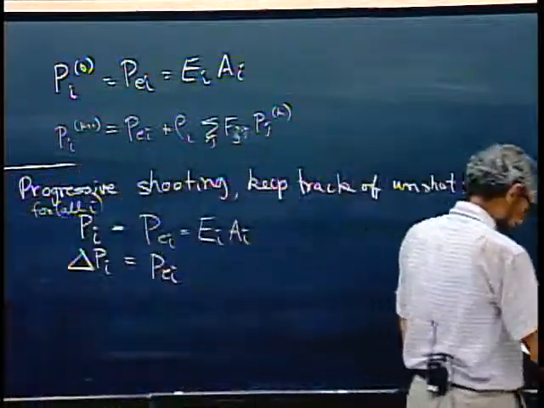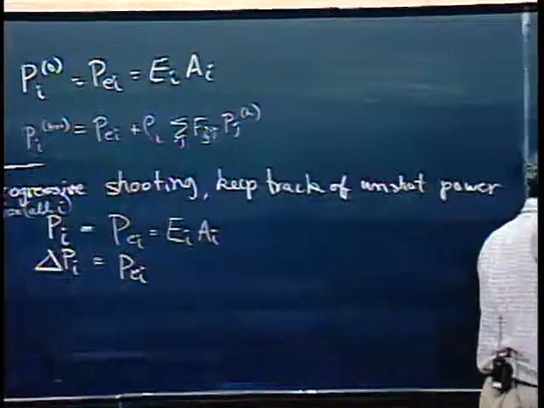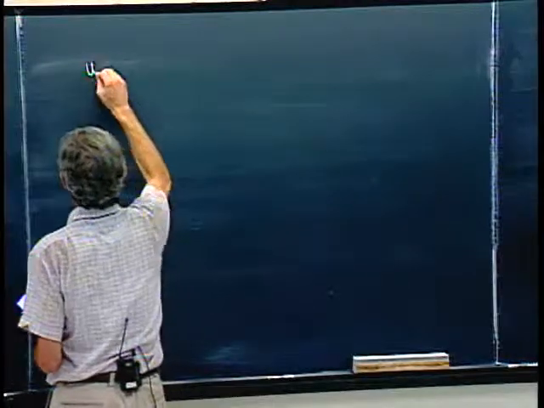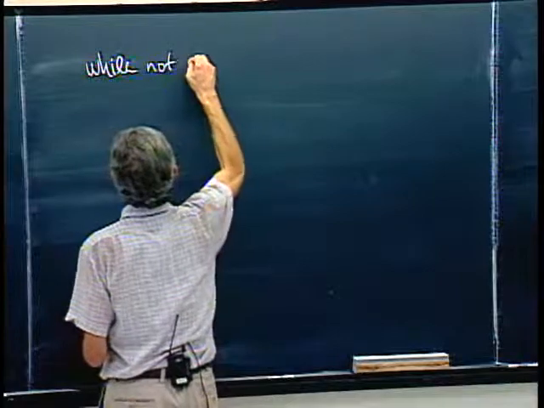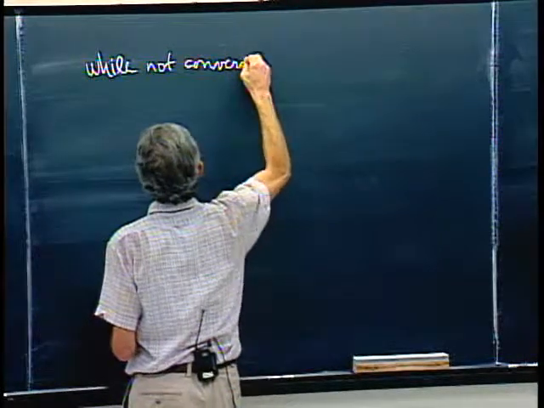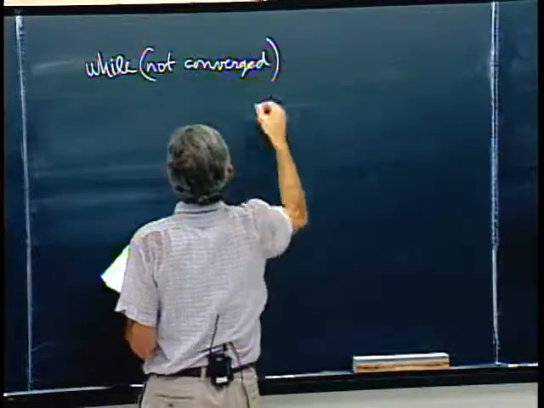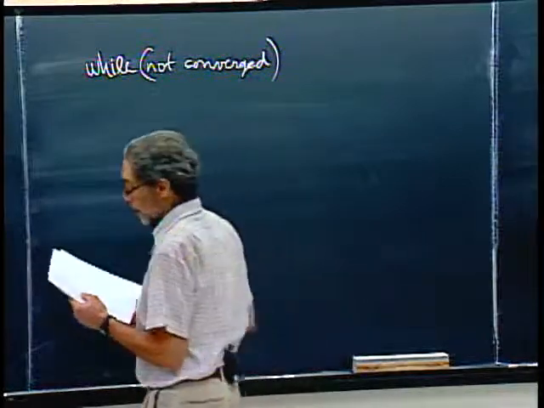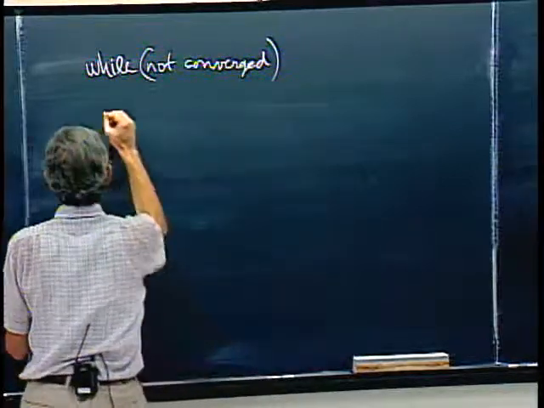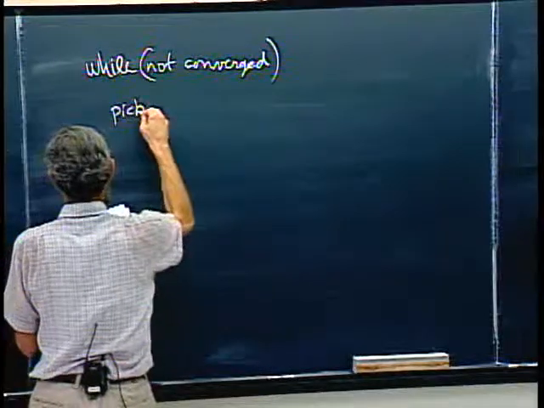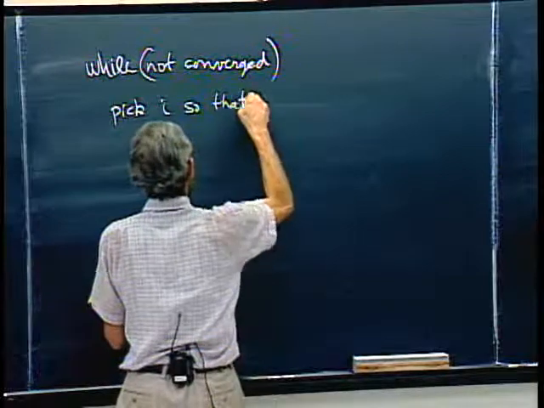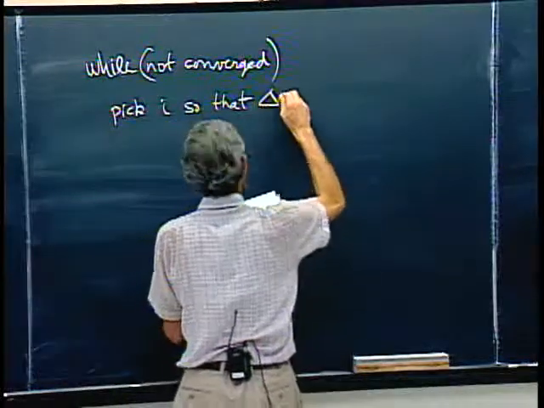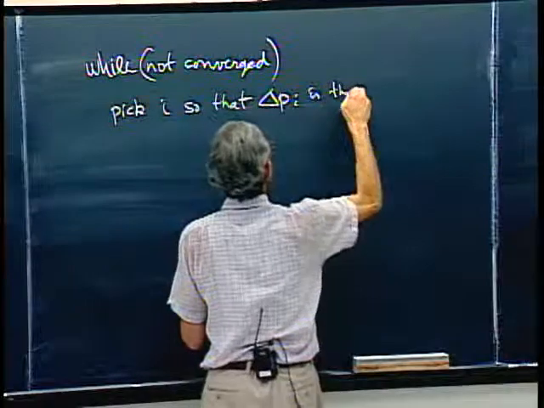And now, while not converged, what you might want to do is pick I so that the unshot radiosity is the largest.